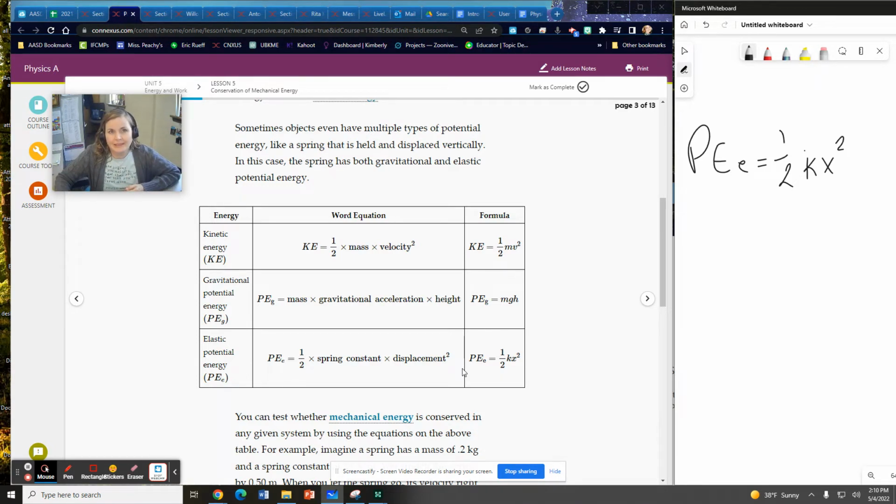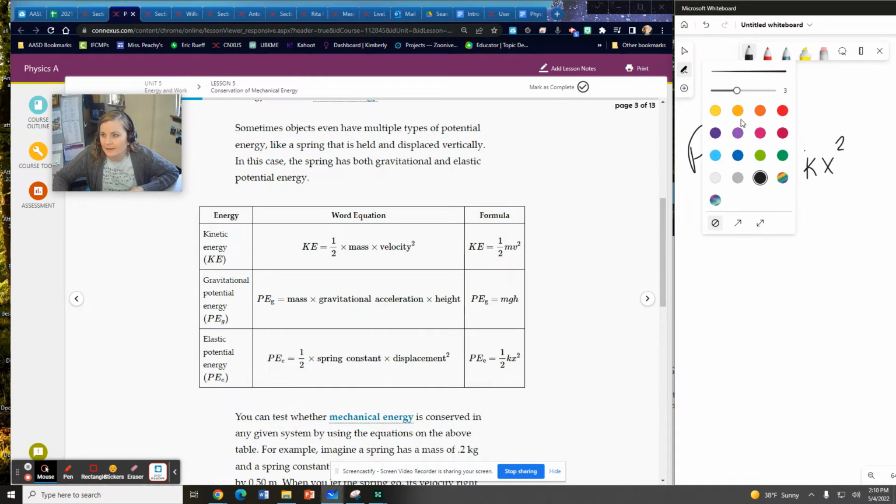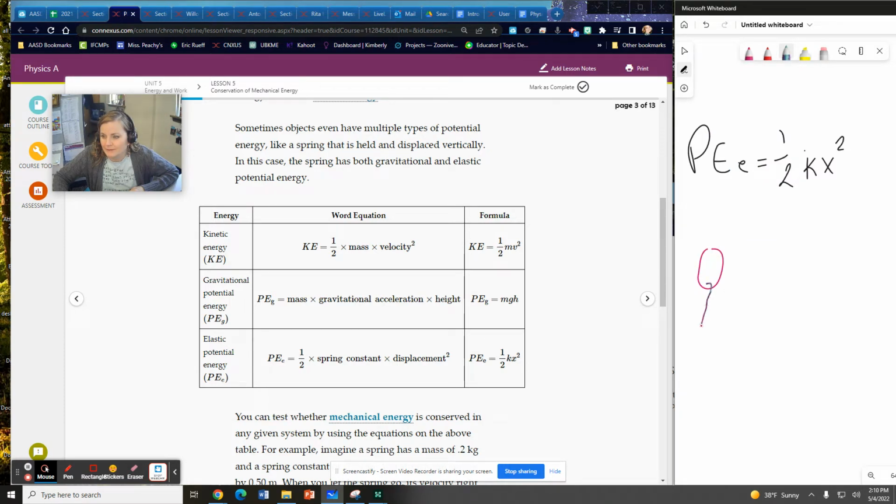A good way of looking at this is, let's see, up here I'm going to draw a picture. I think it's better than my rubber band. If I have my little rubber band and you hang a mass from it, it's called a hanging mass, and here's the ground down here.